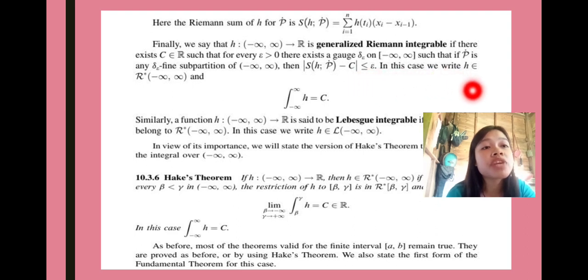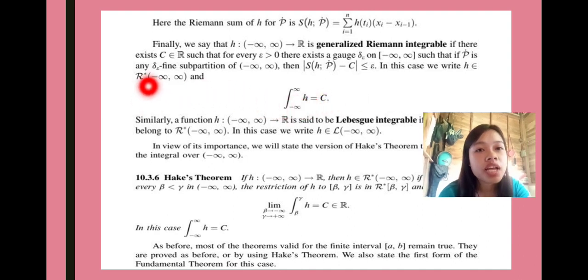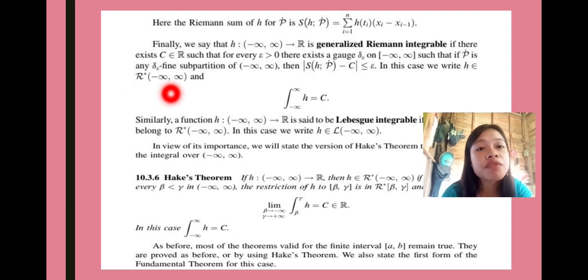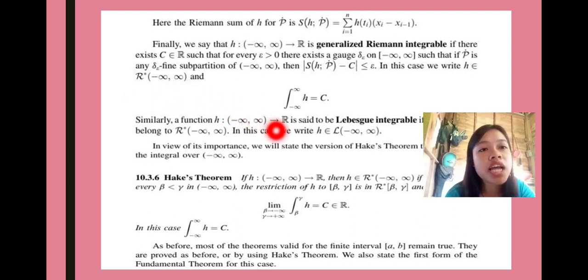In this case, we write h belongs to R(-∞, b], and the integral from negative infinity to b of h equals C.